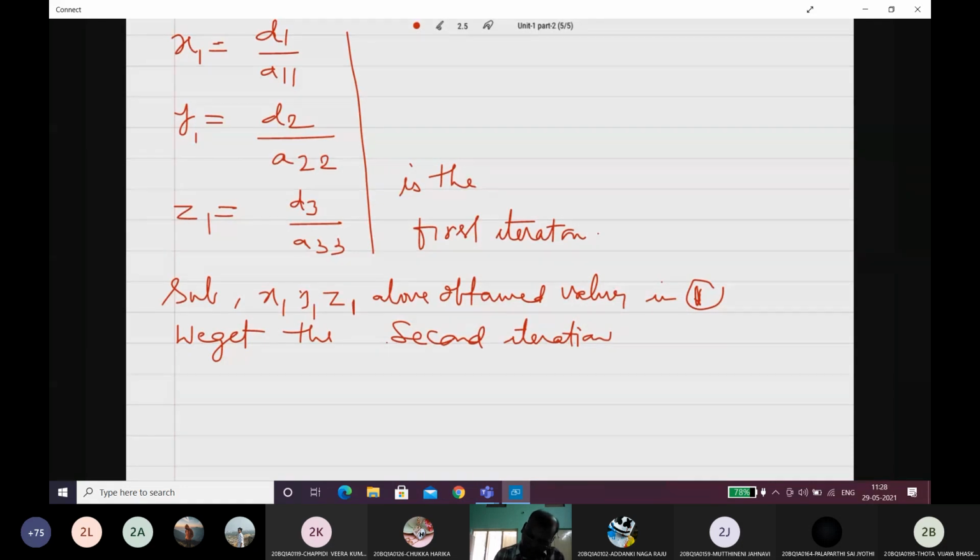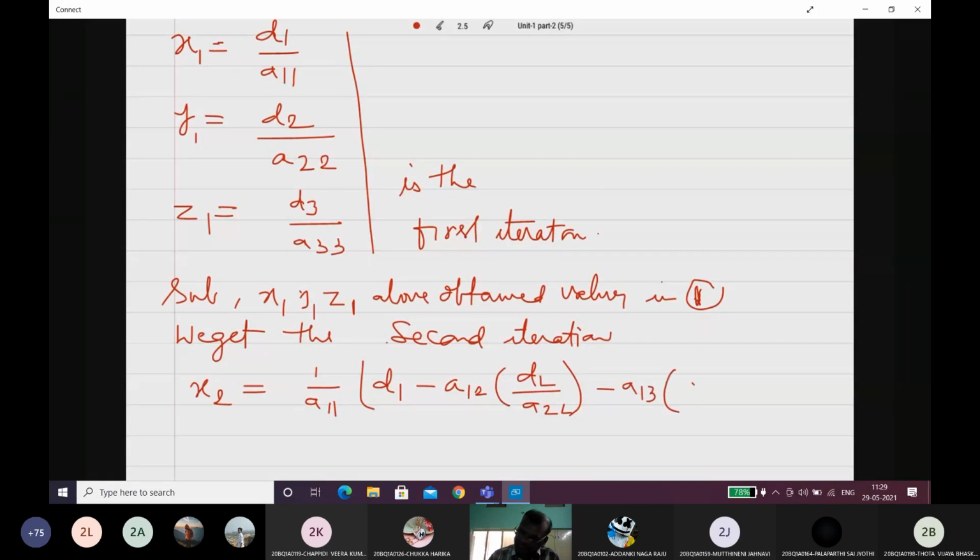Now we get x2 is equal to 1 by A11 into d1 minus A12 into y1 value, d2 by A22, minus A13 of d3 by A33.